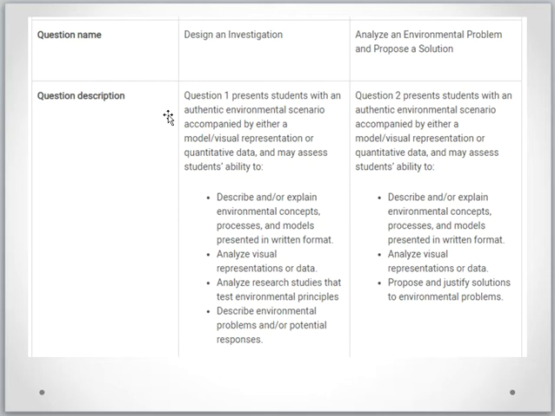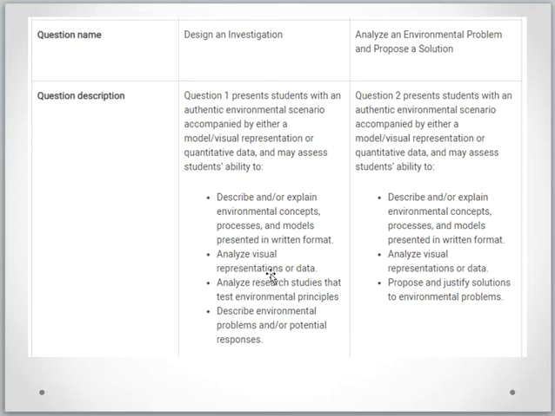You're going to get a table of numbers or whatever on whatever that environmental issue is, and then you've got to be able to do what? Describe and explain environmental concepts, processes, and models in a written format. That means you're going to have to write sentences, okay? But you guys have been doing great on that, so I'm not worried.